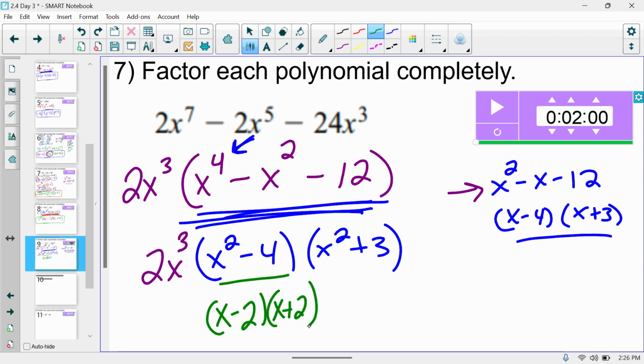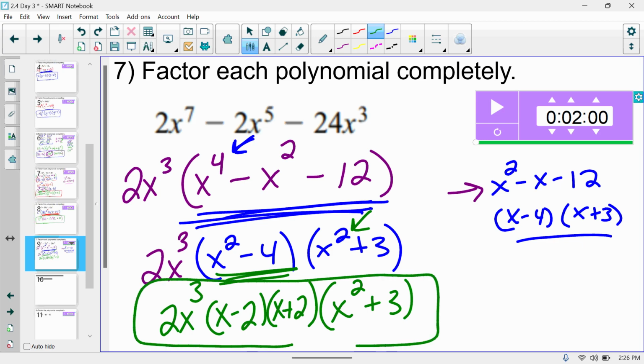If you don't just know that off the top of your head, you could FOIL it out and check it, but that's going to give you x squared minus 4. Don't forget this in the front. This is still degree 2. You can try to factor it, but there's nothing you can FOIL out that would give you x squared plus 3. So you'll leave that part alone. So this would be your final answer on that one.